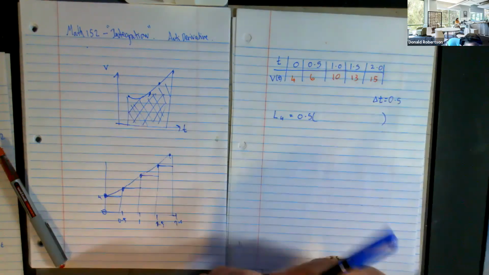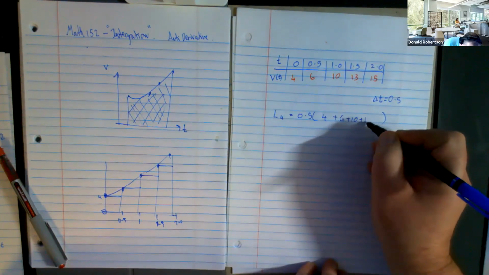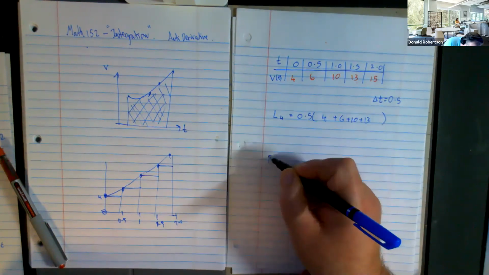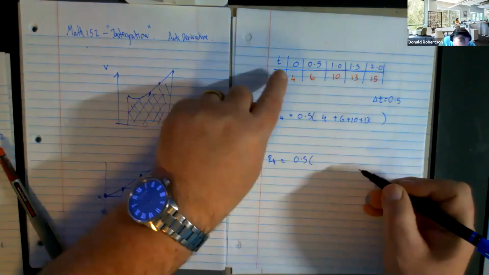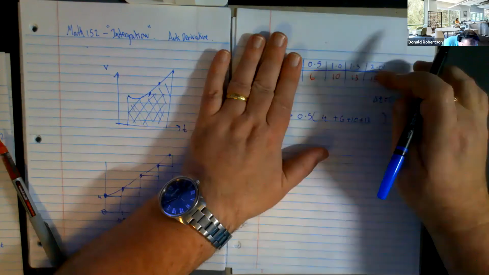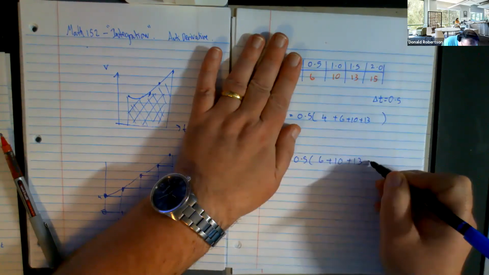So it's going to be 4 plus 6 plus 10 plus 13. And if you want to find R4, it's delta X, 0.5, times the 4 on the right, which is 6 plus 10 plus 13 plus 15.